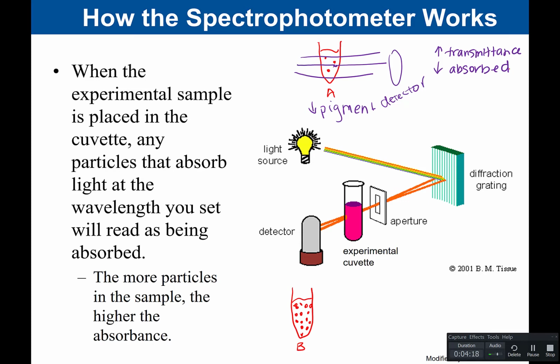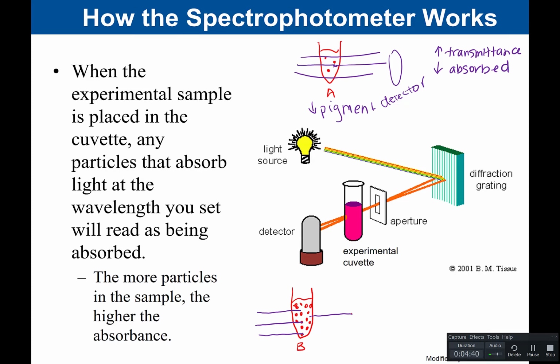On the flip side, in solution B, the light is going to pass through the sample, and if that pigment absorbs that wavelength of light, less light is going to pass through. Some of that light is being absorbed by those pigments.